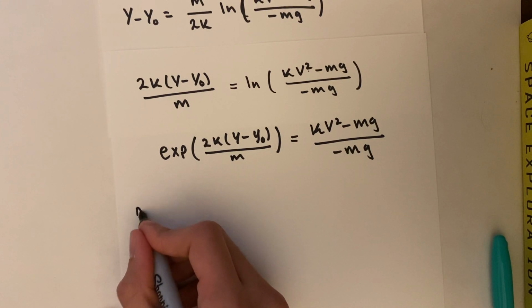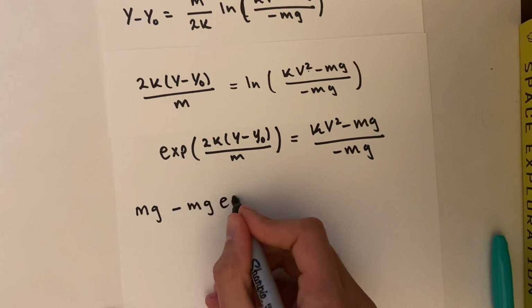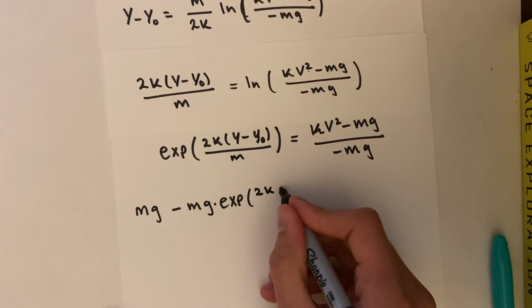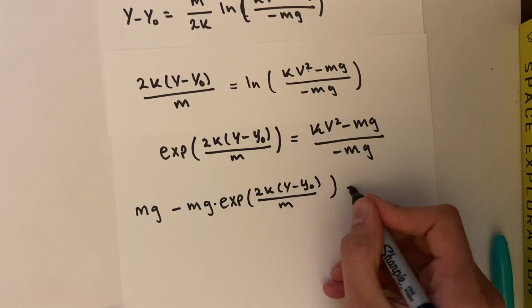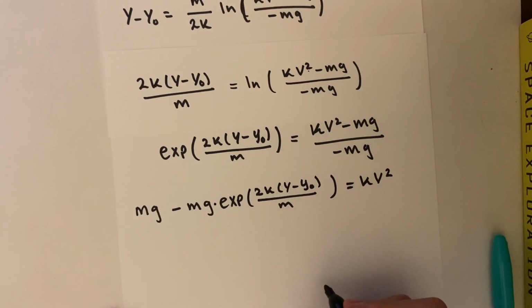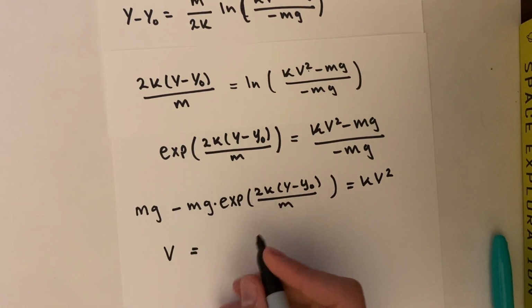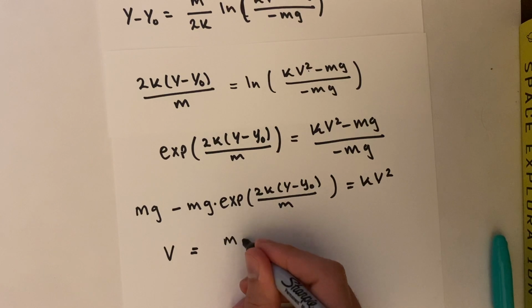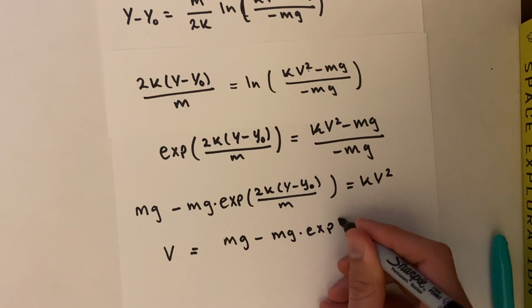And if we divide by k and take the square root, we'd get that the velocity is equal to the square root of mg minus mg times the exponential, divided by m, all divided by the constant k.